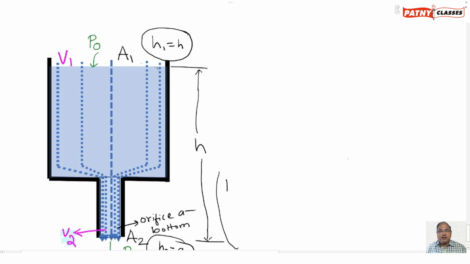For the top surface, it is P naught plus half rho V1 square plus rho g H1. H1 is nothing but h. So rho g H1 equals the total energy of the bottom surface.